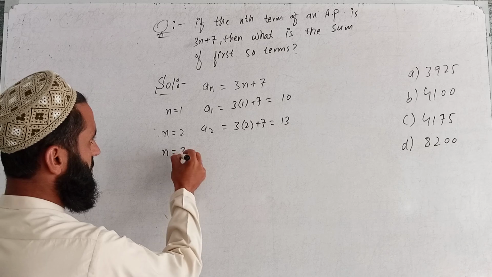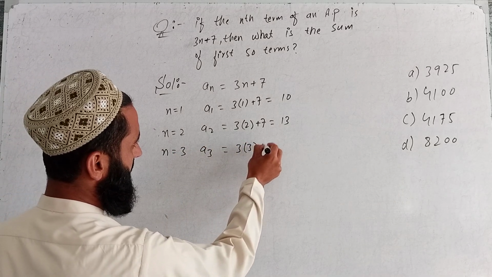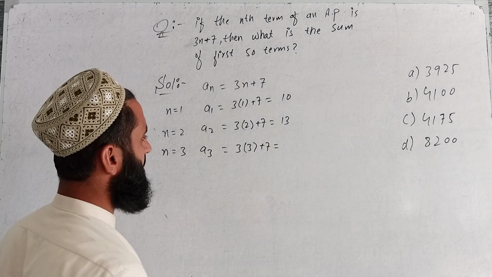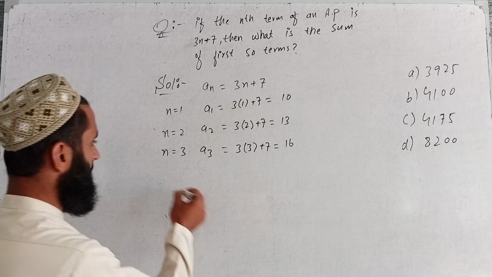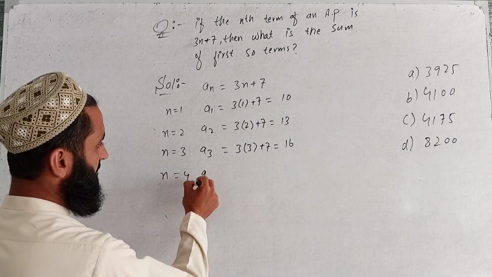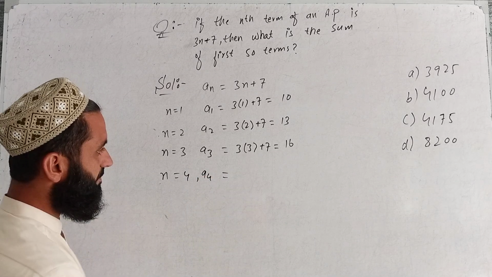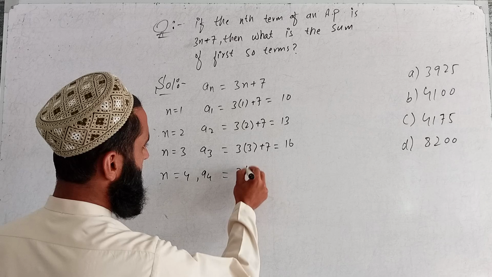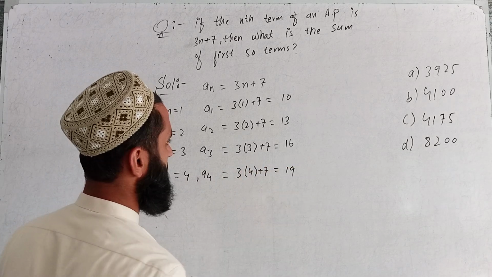Similarly, if n is equal to 3, a3 equal to 3 times 3 plus 7 equal to 9 plus 7 equal to 16. If we put n is equal to 4, a4 equal to 3 times 4 plus 7 equal to 19.